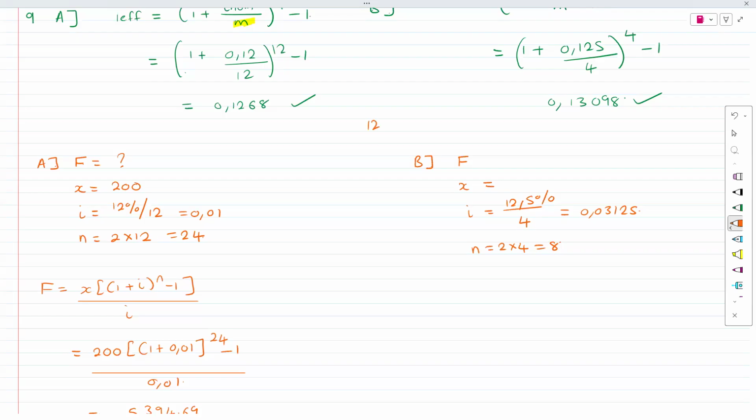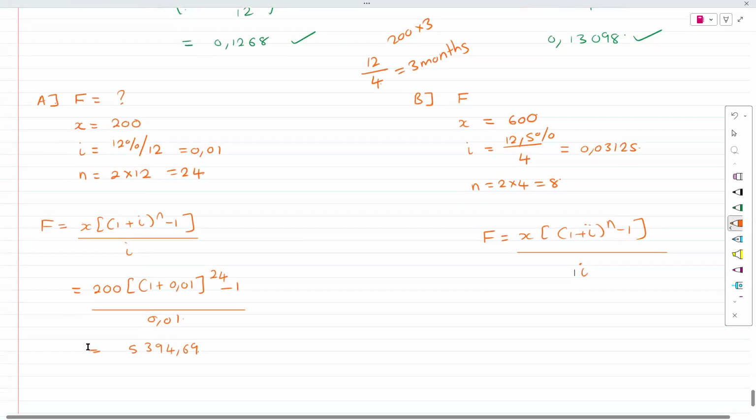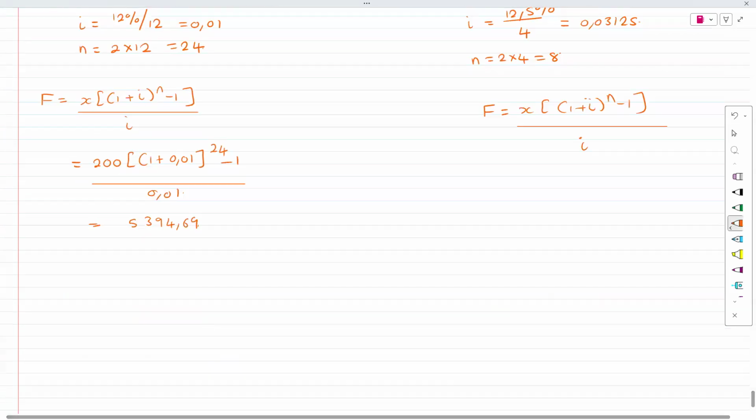So we need to know that 12 divided by 4 equals 3 months. Therefore, 200 times 3, and the X value is 600. And if we deal with the F, that equals X into 1 plus I to the power of n, minus 1, all over I. And again, I think after understanding the question, this just literally becomes a level one question.